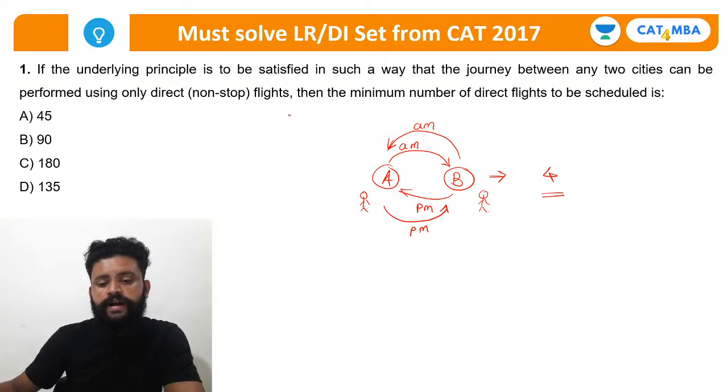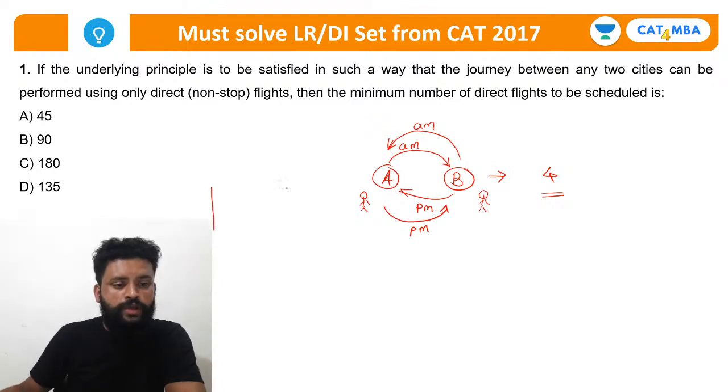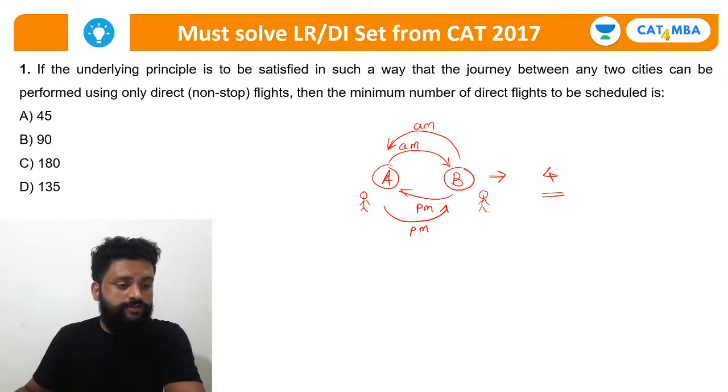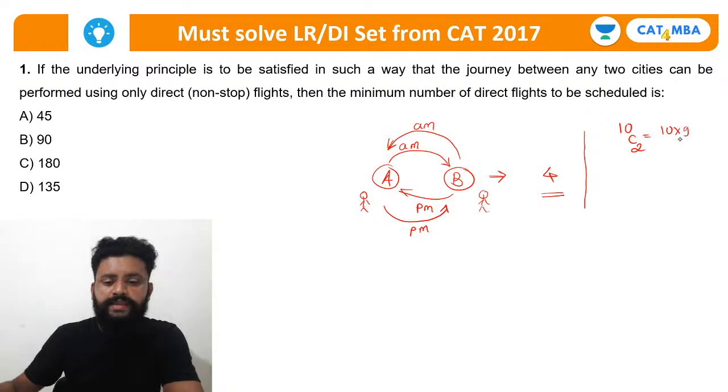Okay, so we need to connect 10 such cities. So we do have 10 cities with us. In how many ways can we group these cities? I'll explain it in 2 different ways. The one thing, how many ways can we select 2 things out of 10? That's a simple combination, 10C2. Those who know permutation and combination can do it this way: 10 into 9 upon 2 into 1.